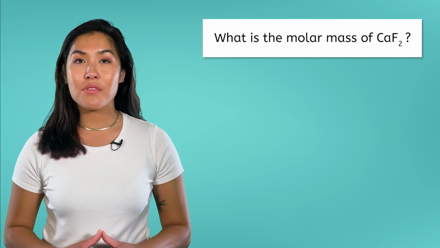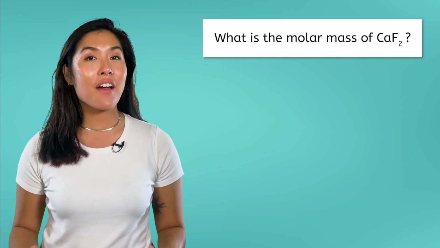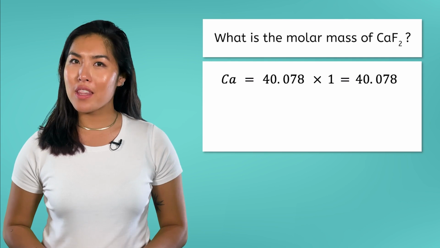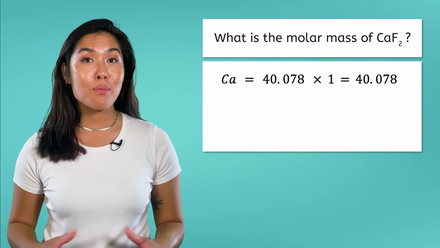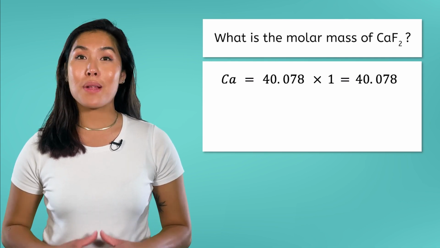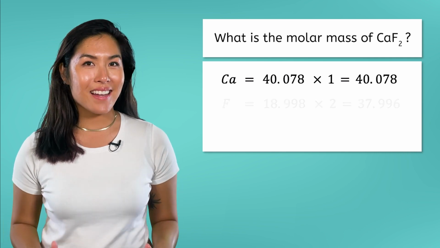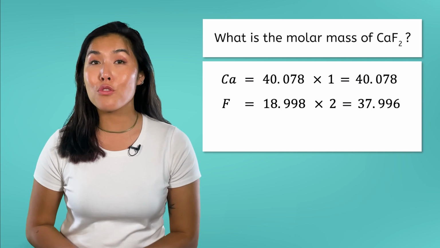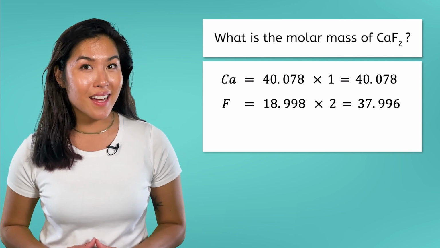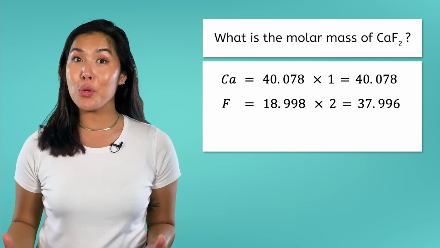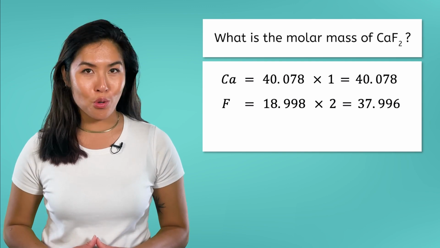Let's try another one. What is the molar mass of calcium fluoride, CaF2? First, I find the molar mass of calcium, 40.078, and multiply it by 1 because I have 1 atom of calcium. Next, I find the molar mass of fluorine, 18.998, and multiply it by 2 because I have 2 atoms of fluorine.